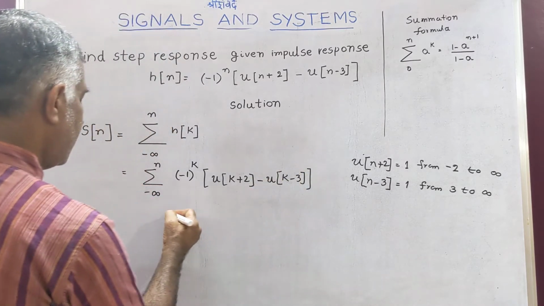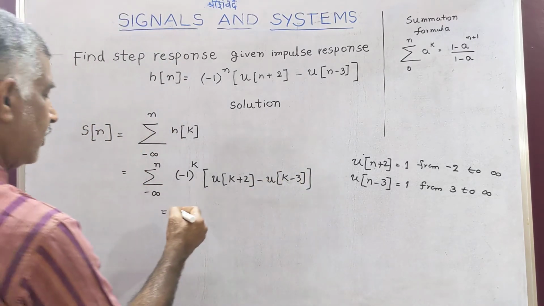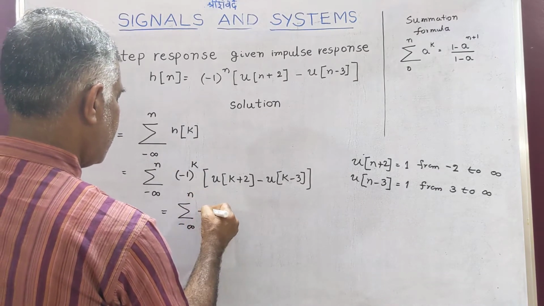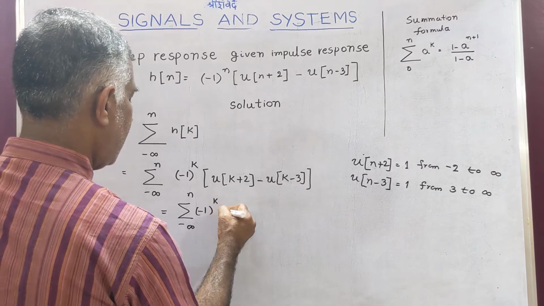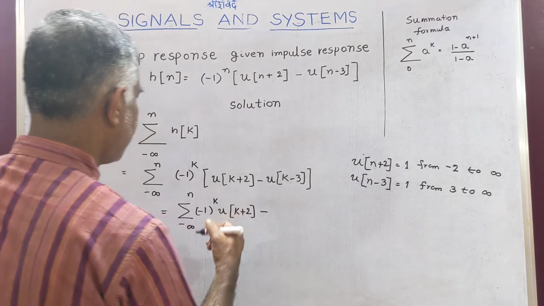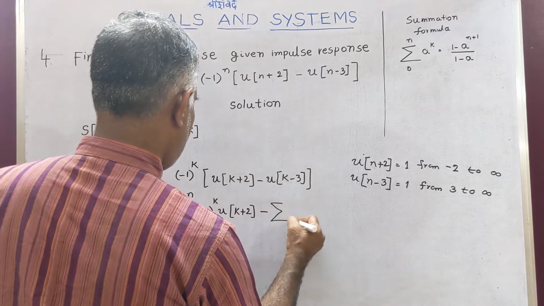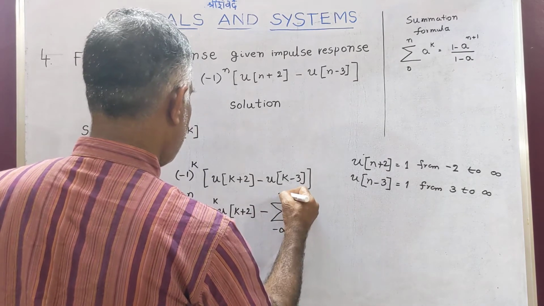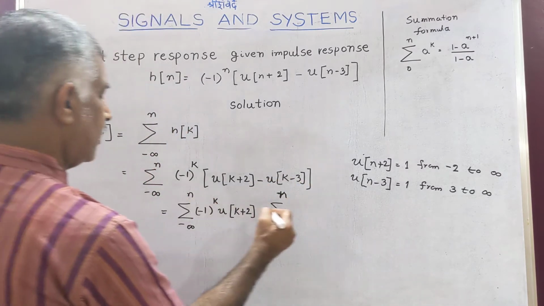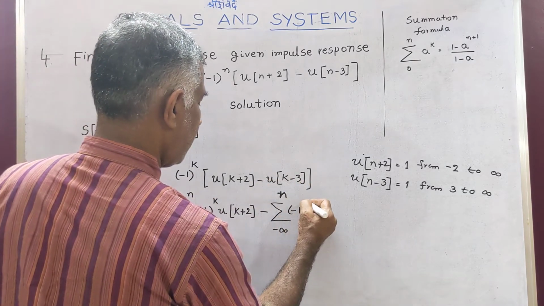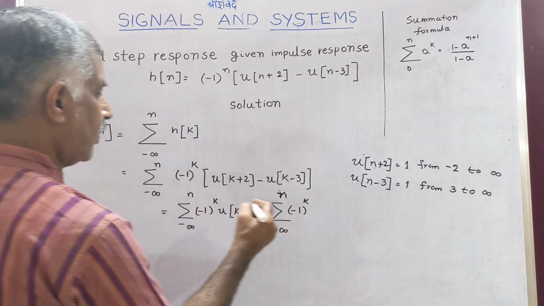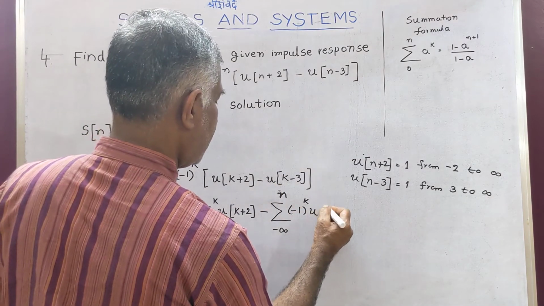I will split it like this: the summation from minus infinity to n of minus 1 to the power of k u of k plus 2, minus the summation from minus infinity to n of minus 1 to the power of k u of k minus 3.